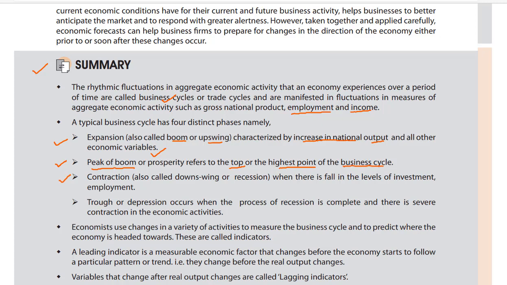Third is contraction, also called downswing or recession, when there is a fall in the levels of investment and employment. The fourth phase is depression. So depression occurs when the process of recession is complete and there is severe contraction in the economic activities.